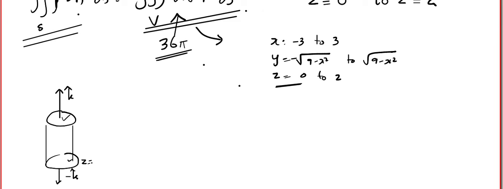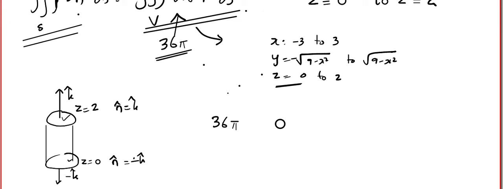You have z equal to 0 here and the normal minus k here, and here z is equal to 2 and the normal is k. And I will read the values on the top and bottom. On the top we are getting 36 pi, and on the bottom it is 0.